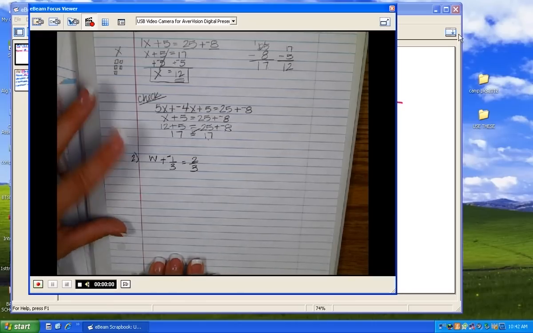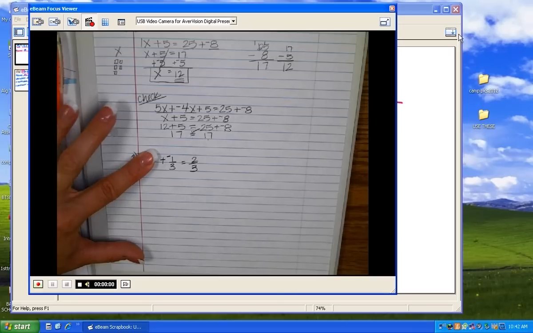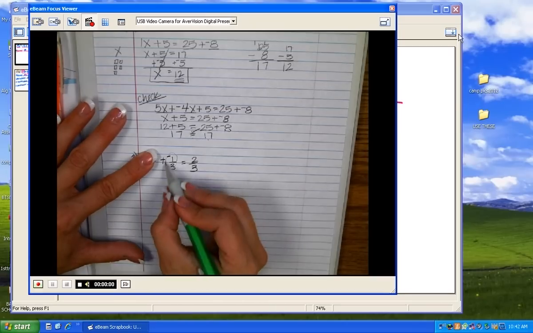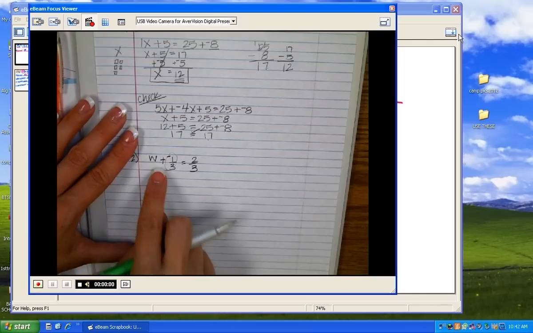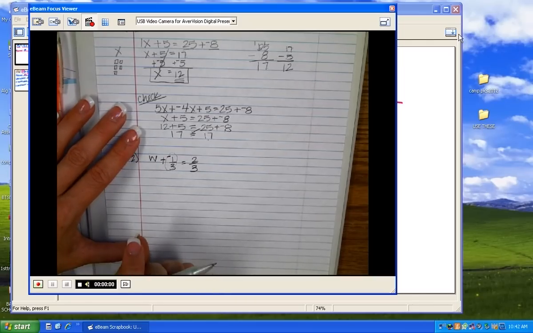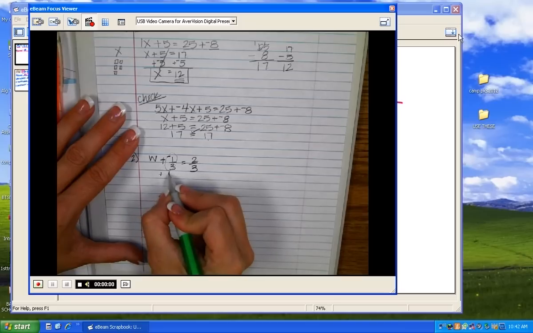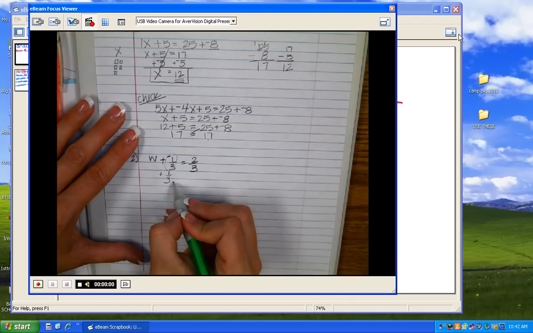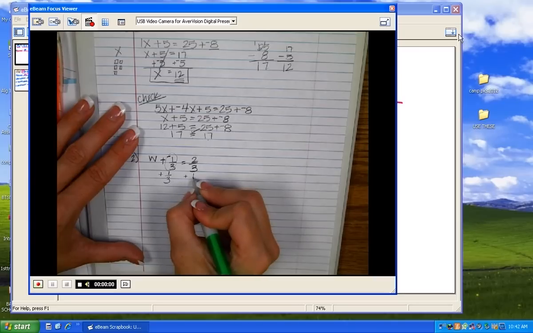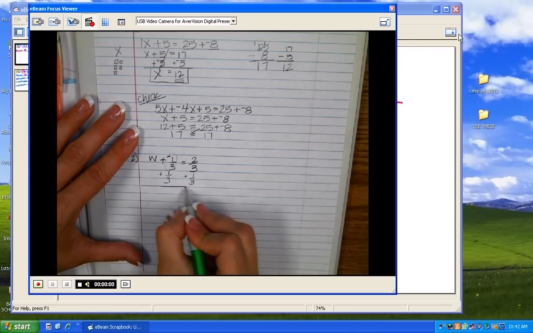So I want to put my finger on my w and say, oh look, this is the number that has to be moved. I want to make it a 0. I want it to be w plus 0, or w all by itself. So in order to get that, I have to add the opposite. And the opposite of negative 1/3 is positive 1/3. If I do it to one side, I have to do it to the other side.